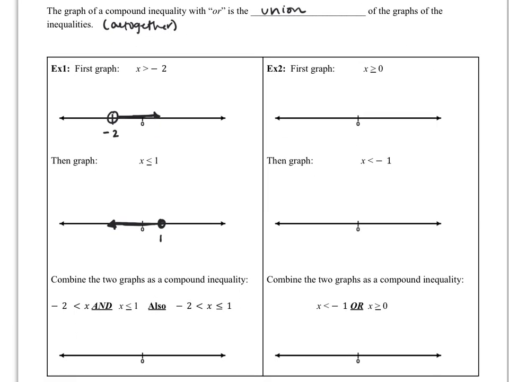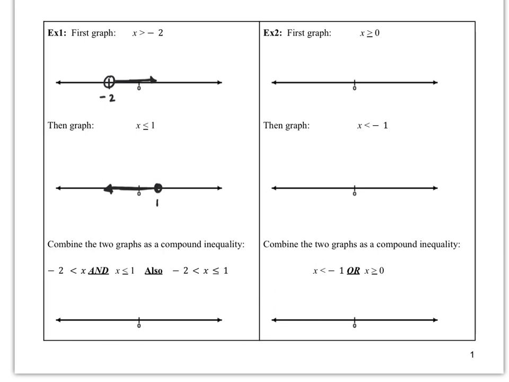So if I wanted to graph the two as a compound inequality, so x being both greater than negative 2 and x being less than or equal to 1, I want to imagine these two graphs combined together. And so what that would look like is it would have one bookend at negative 2 with an open circle, the other at 1 with a closed circle, and the two graphs going in between.